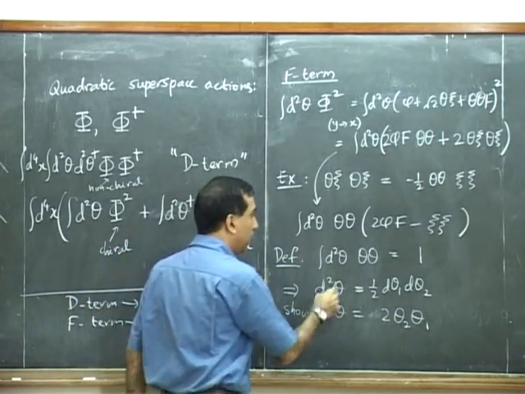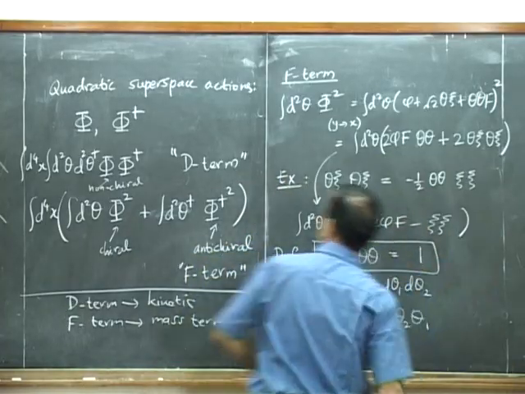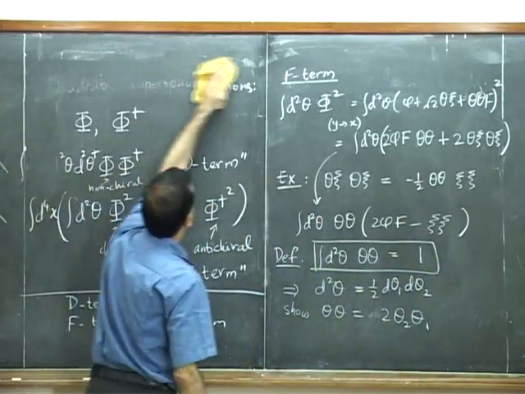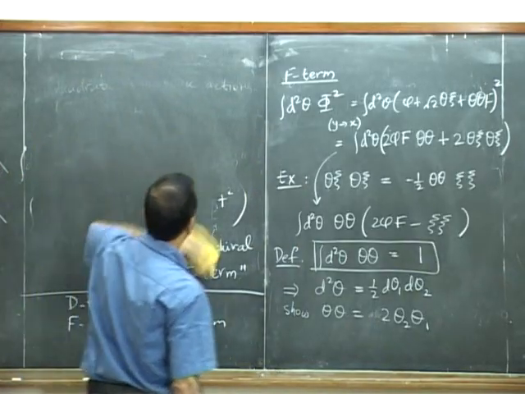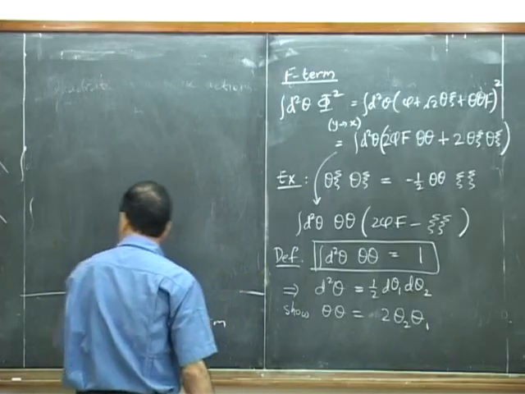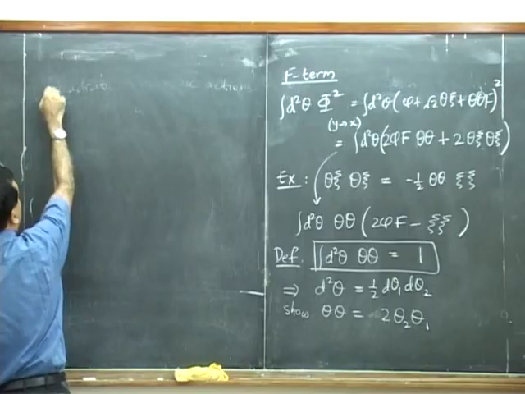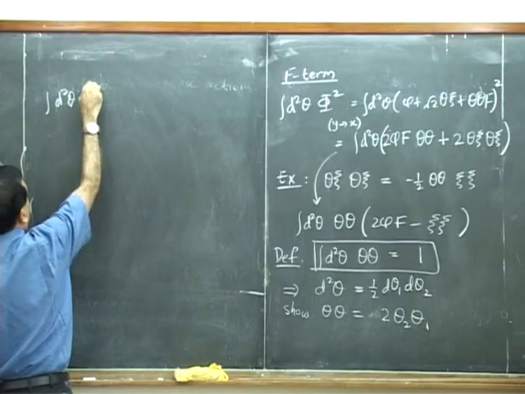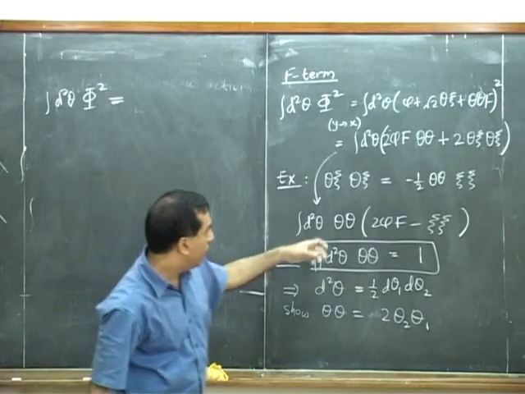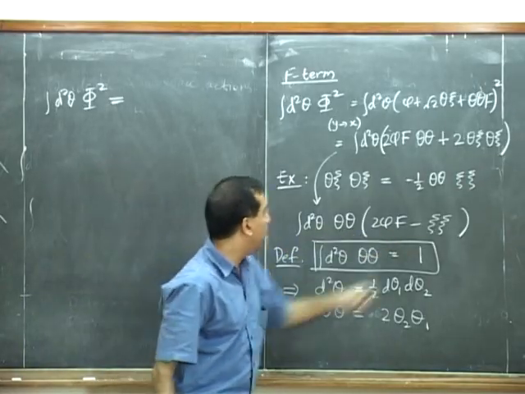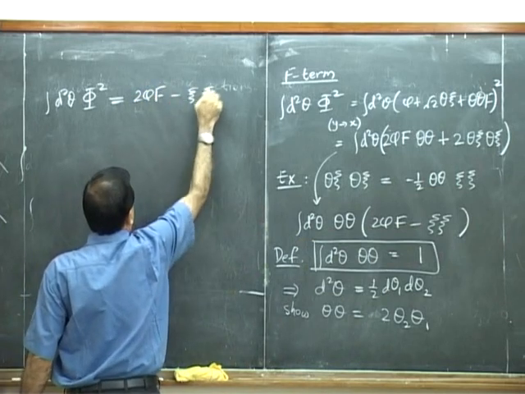Okay, so this is a definition. But the useful thing is that, from there it follows that the F term contribution to the action, d2 theta phi square, is equal to, so this is 1, so we are only left with 2 phi F minus psi psi.